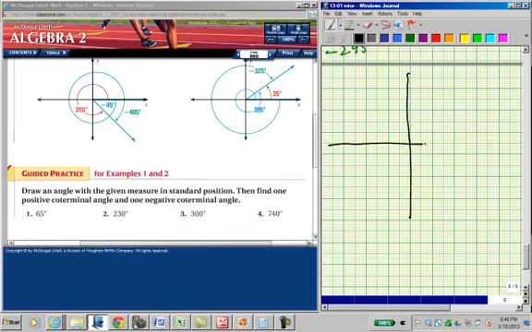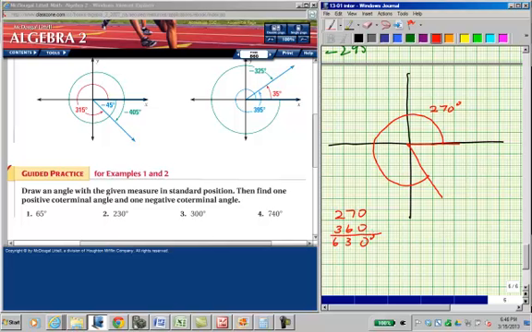Okay, 300. It's a positive angle. Initial side. Let's do it red. 90, 180, 270, and then 30 more degrees, so it's going to look like that. Now, we'll add 360 to that, so 630 degrees.